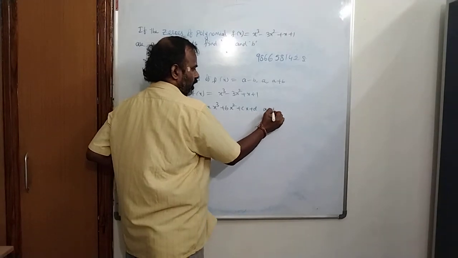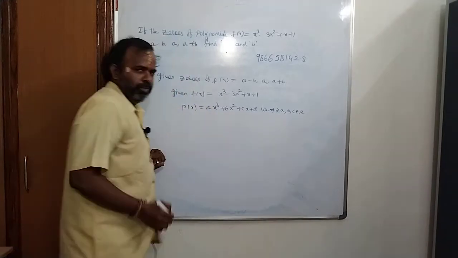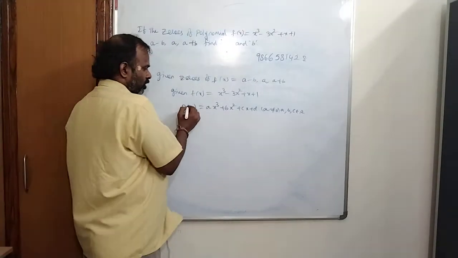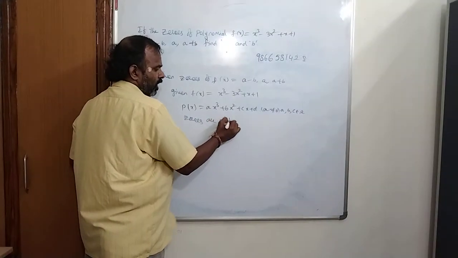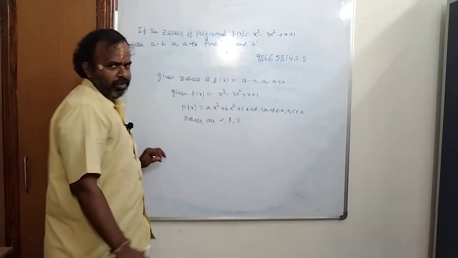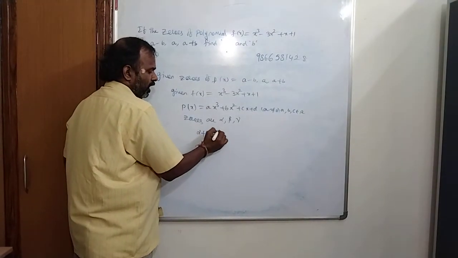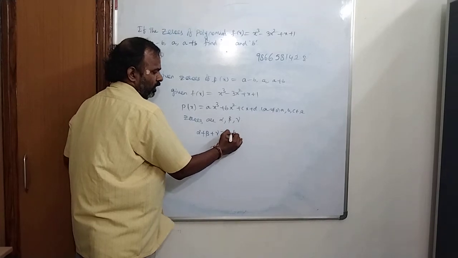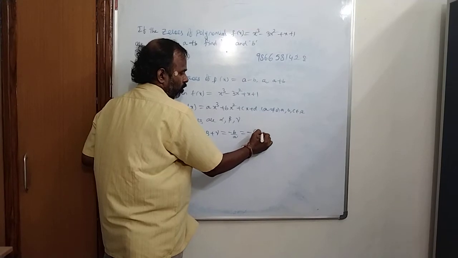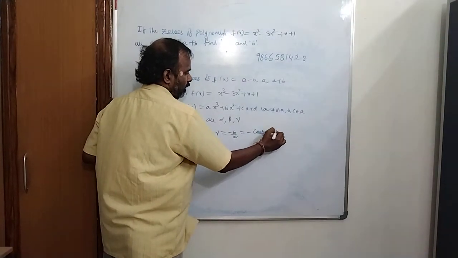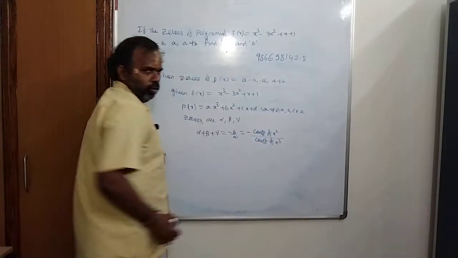So here a is not equal to 0, a, b, c belong to R, and zeros are alpha, beta, gamma. Then alpha plus beta plus gamma is equal to minus b by a, that is minus coefficient of x square by coefficient of x cube.